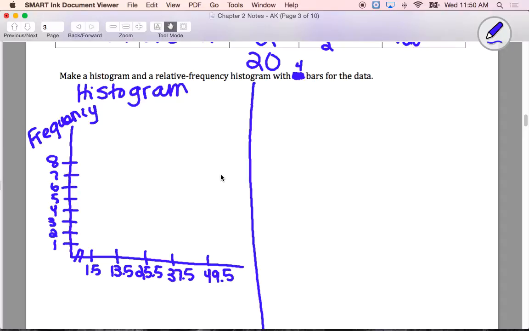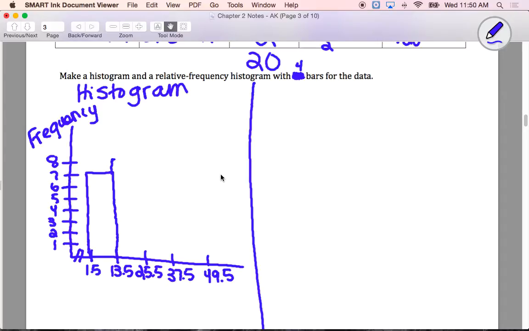Now what we're going to do is make these bars that match to our different groups. The 1.5 to 13.5 group had a frequency of 7. So we're going to go up to 7 here. And we're going to make a bar graph. Then we're going to go to 13.5 to 25.5, and that was 8.